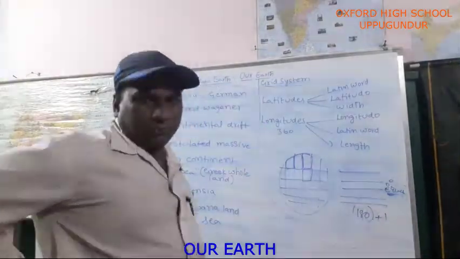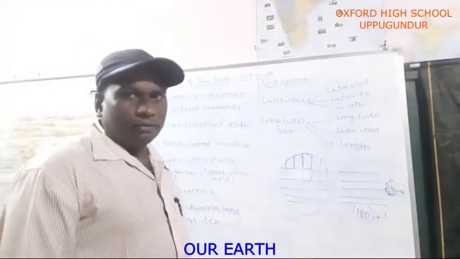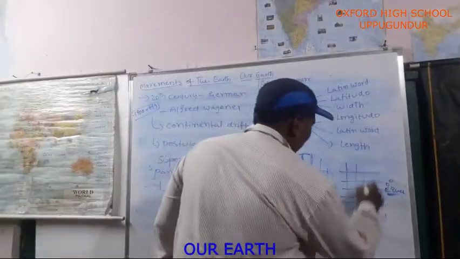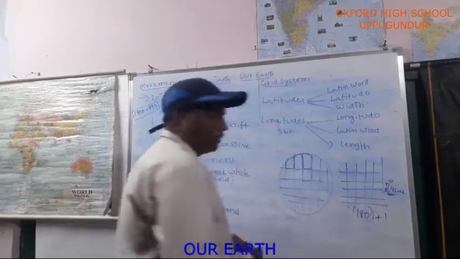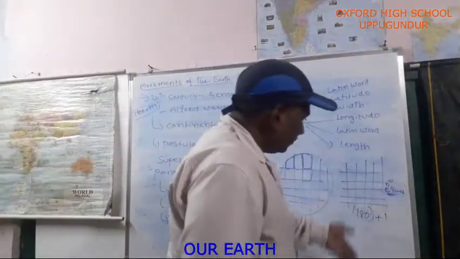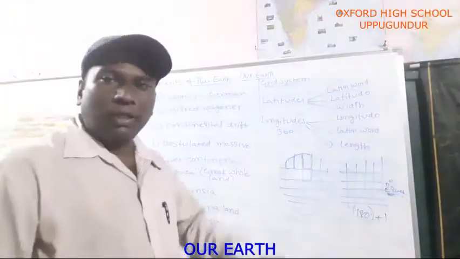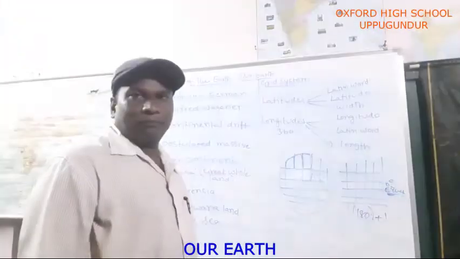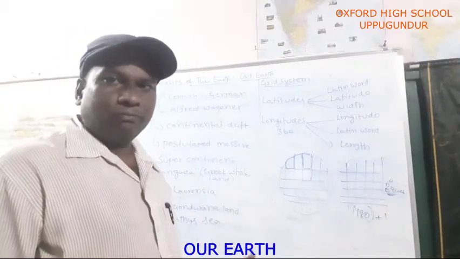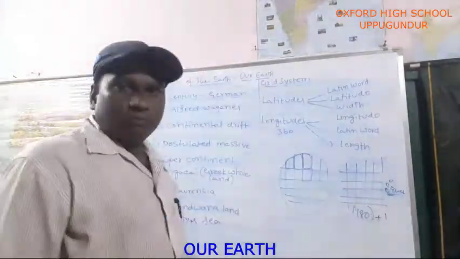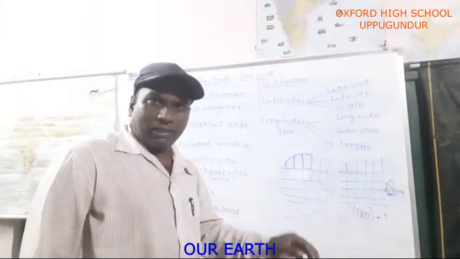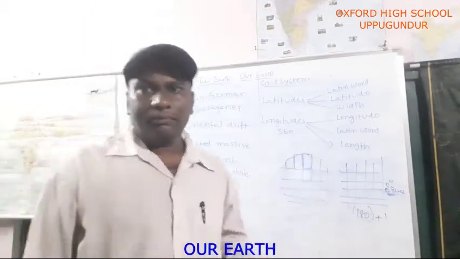Then longitudes. Longitudes are which lines? Vertical lines. That means these vertical lines are called longitudes. These longitudes are also called noon lines, meridians. 0 degrees longitude passes through the London Astronomical Observatory.